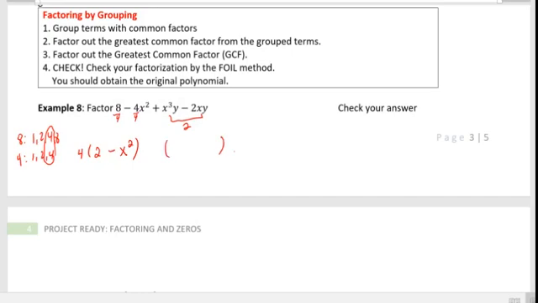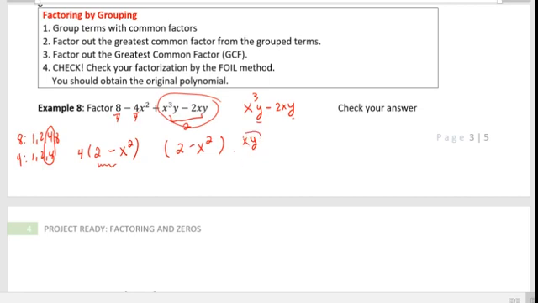Now, the idea when factoring by grouping is that whatever we get in this parentheses, we want to get the same thing in the second parentheses. And so I'm just going to write it out because that's what I hope to get once I factor this. So if we look at x cubed y minus 2xy, what they have in common here is 1y because they both have 1y. And then you have x cubed and x.